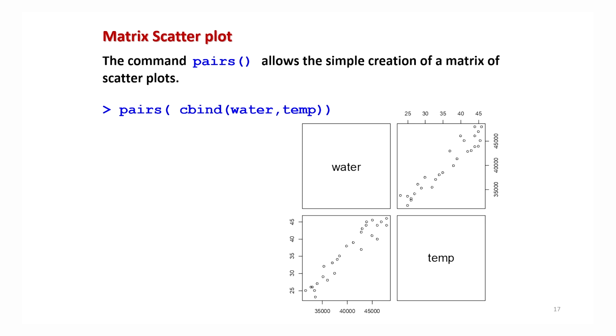I will be taking only two variables because of the limitation of space on my slide, but you can create it for more than two variables. But if I create such a plot for more than two variables, 3, 4, 5, then the picture will become very clumsy and it will be very difficult for me to explain. So that is why I am restricting myself to two variables only, right?